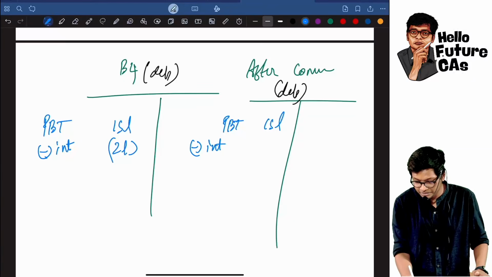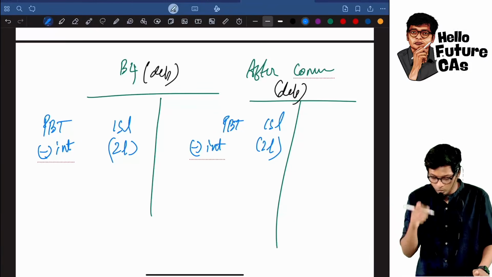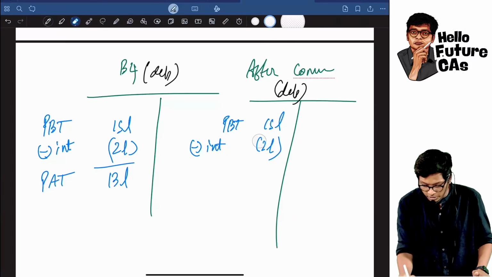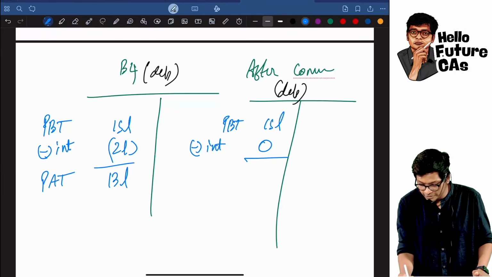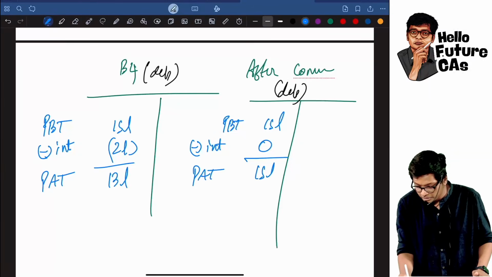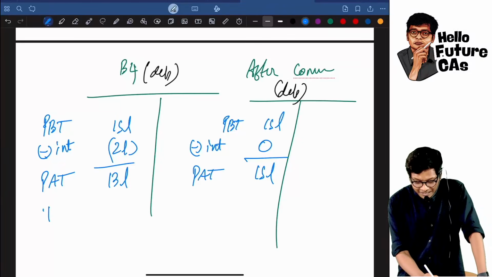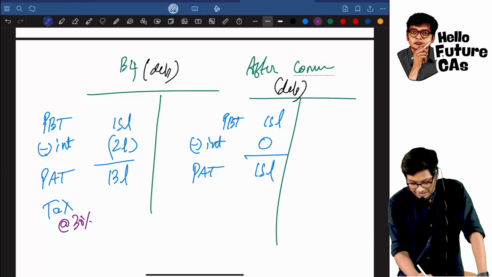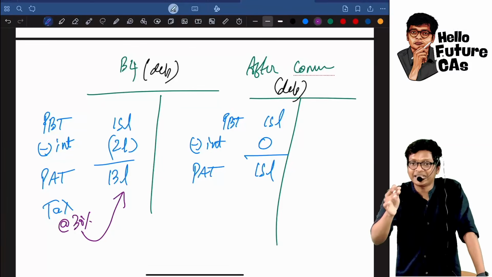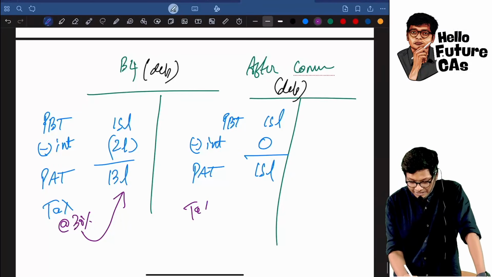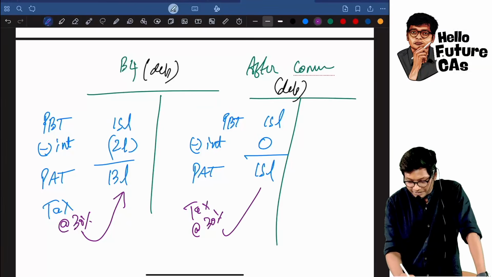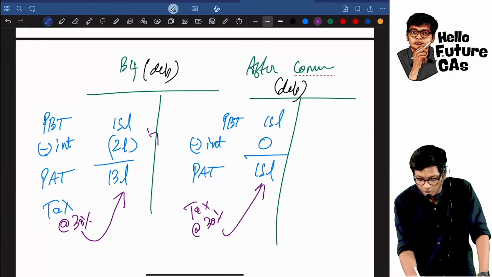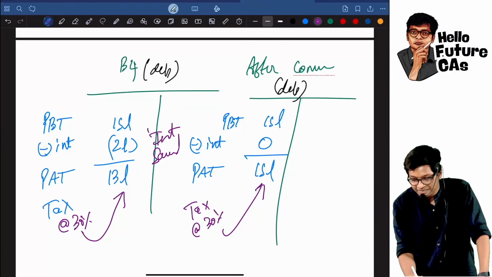After conversion, because interest is going to be 0, profit after tax will be higher. So here tax, whatever the tax rate, let's assume it's going to be 30%. This 30% will be on 13 lakhs. Here the tax, 30%, is going to be on 15 lakhs. That means you have to pay additional tax on the interest which is saved.